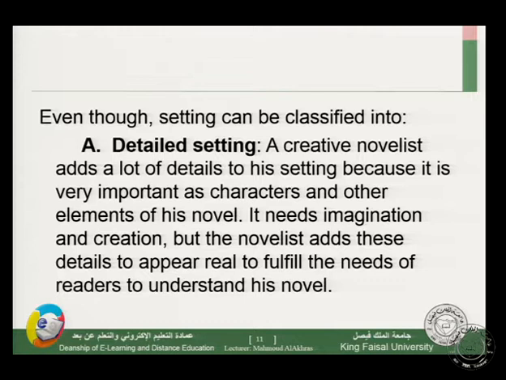It needs imagination and creation. So setting needs imagination and creation. But the novelist adds these details to appear real, to fulfill the needs of readers to understand his novel.